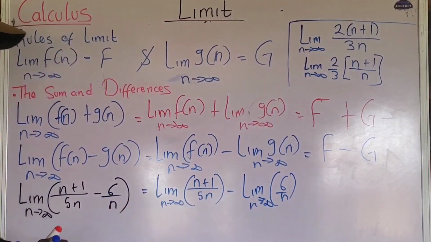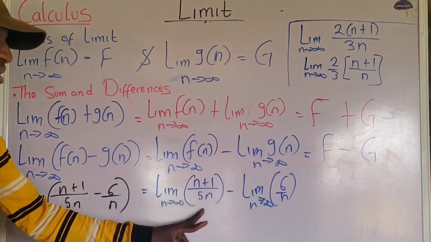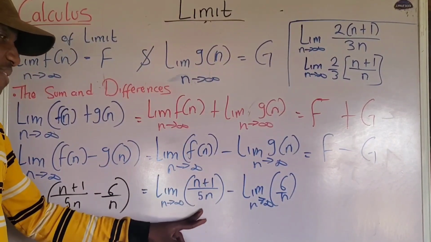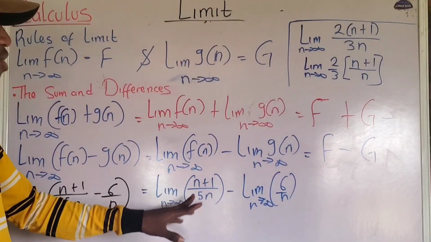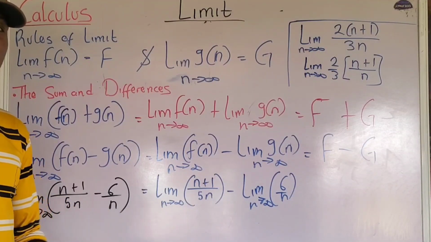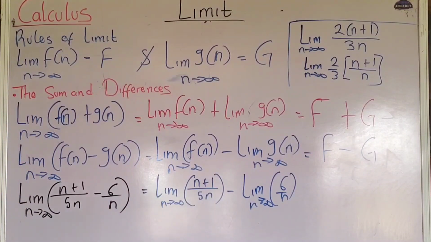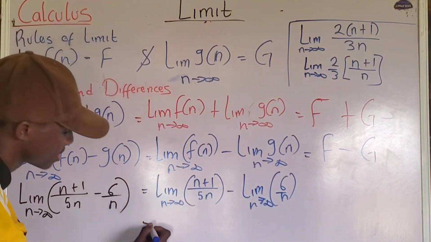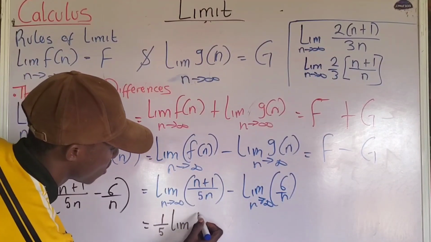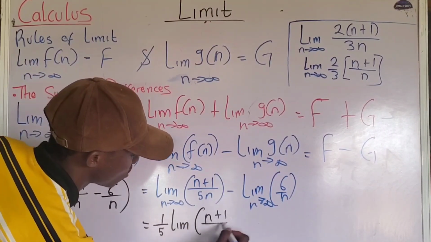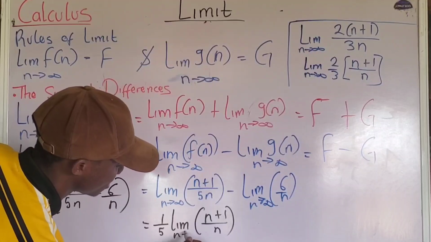Now you see this question here, I can rewrite it, please pay attention, according to the multiplication of a constant rule that we learned earlier. Multiplication of a constant is also part of the rules that apply to limits. So I can rewrite this limit as 1 over 5 limit of n plus 1 all over n as n tends to infinity.